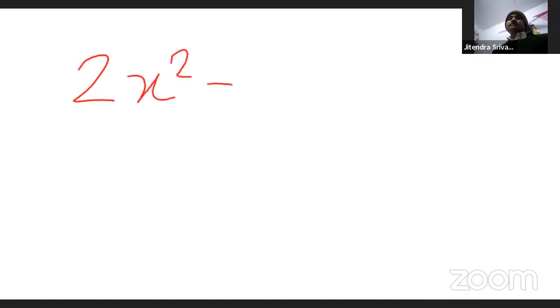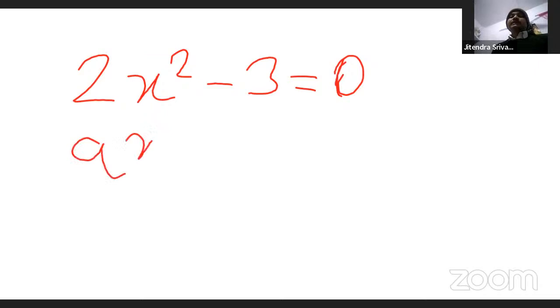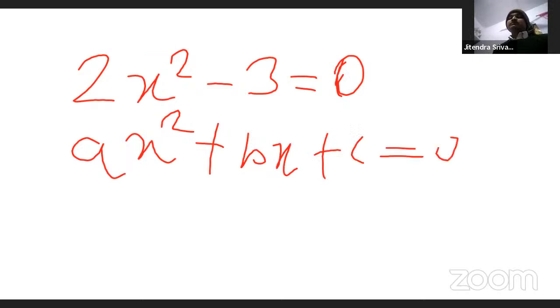Now the next question is 2x square minus 3 equals to 0. We have to check if this is a quadratic equation or not. So we have to compare it with ax square plus bx plus c equals to 0.